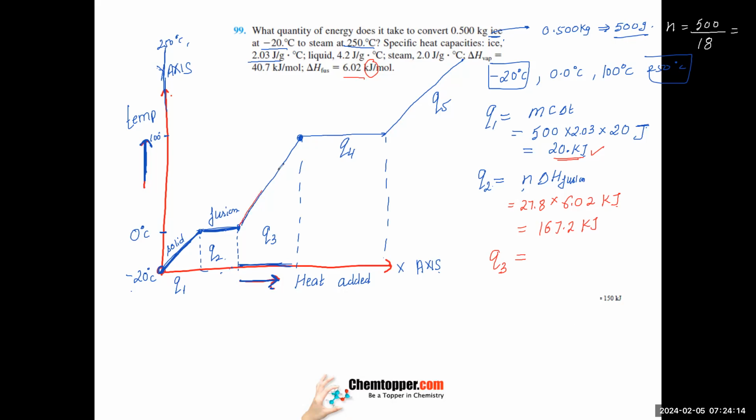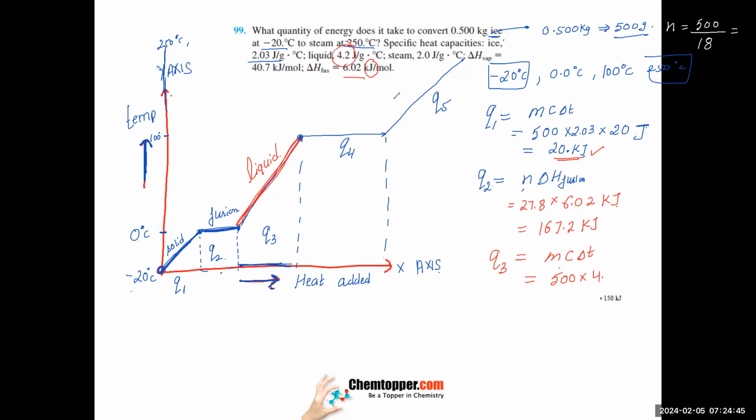Q3 is this. What equation should I use for Q3? MC delta T. What is M? 500. What is C? This is liquid, right? This one is liquid water. What is C? 4.2.